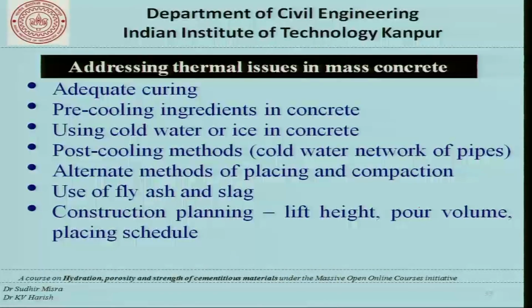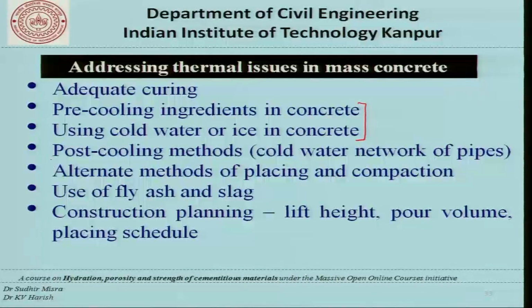Then there are things like adequate curing. We can also get into measures such as pre-cooling the ingredients or using cold water or ice in concrete. Now, these help us lower the placing temperature of concrete.